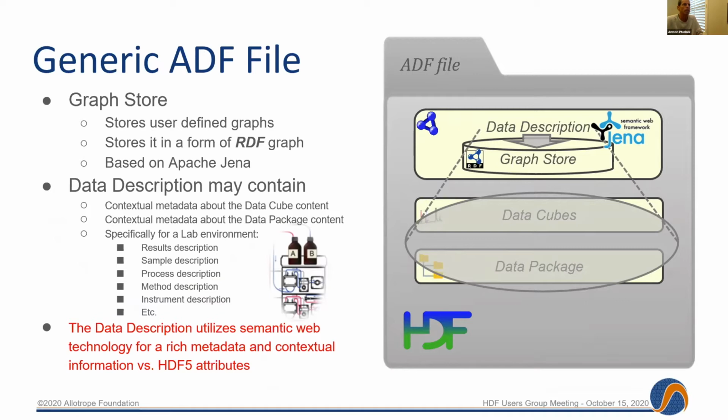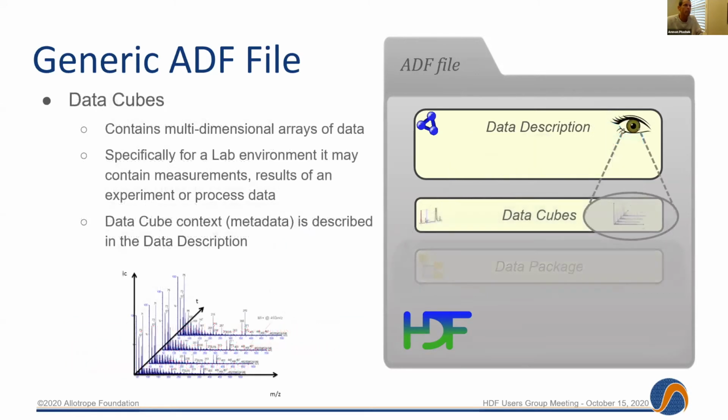But in a generic manner, the ADF file format can be used in any domain and any industry. The data description, as we mentioned earlier, utilizes RDF technology, the semantic web technology, for rich metadata and contextual information as opposed to simple HDF5 attributes.